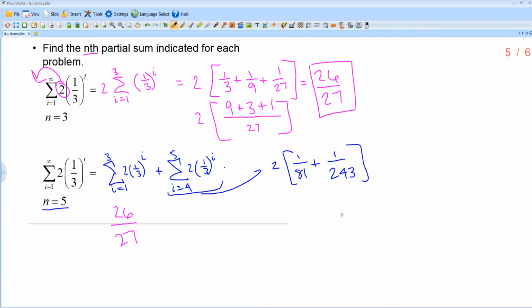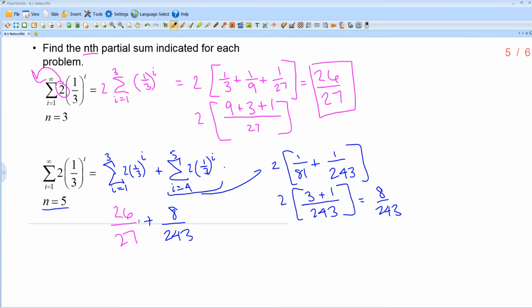1/243. When I add those, 243 is the common denominator. This is 3, this is 1, so this is 8/243. Common denominator between these two, keep in mind, all these are is 3 to some power.